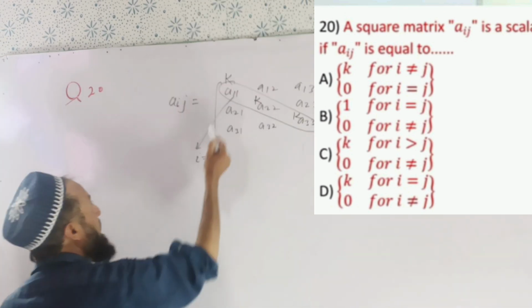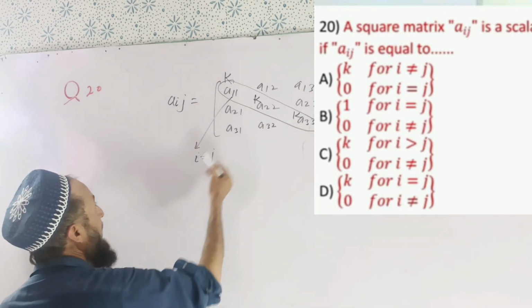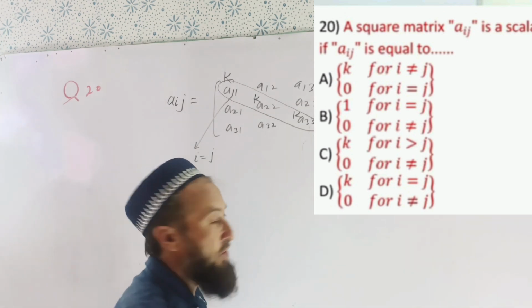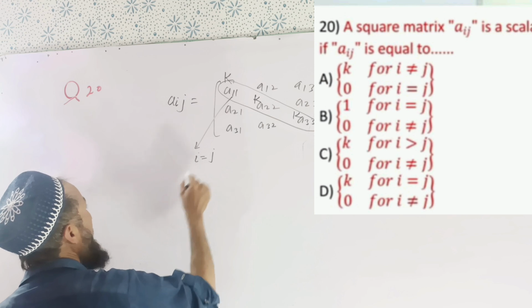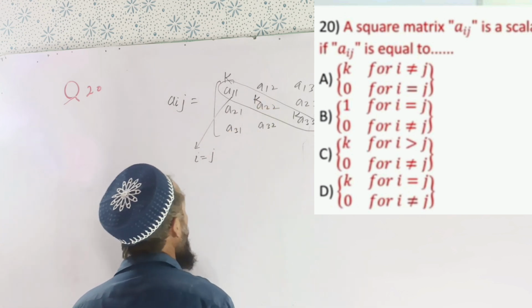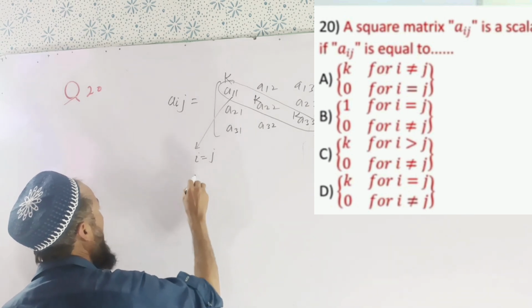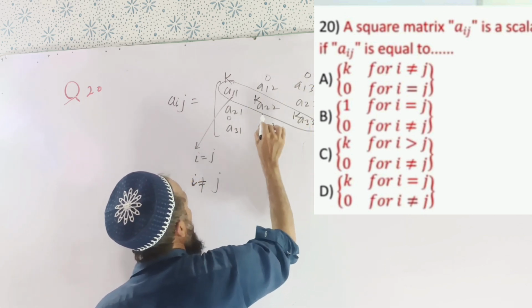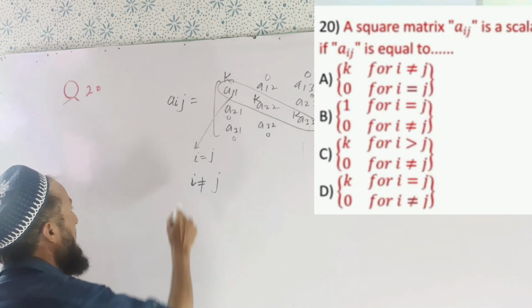If we put i equal to 1 and j equal to 1, that gives the result. If we put i equal to 2 and j equal to 2, both results must be the same. And for the second condition, if i is not equal to j, then 0 is required, and all other elements are 0.